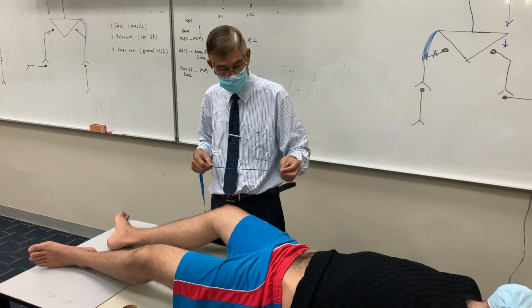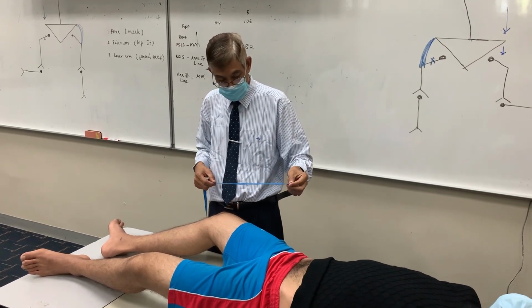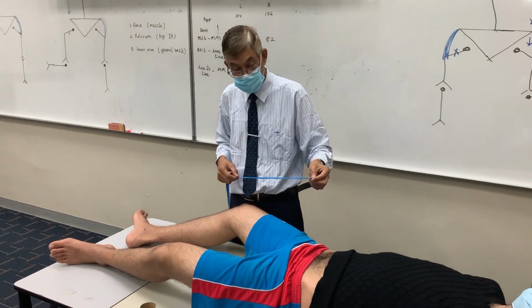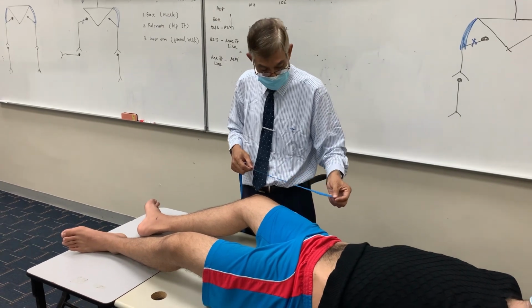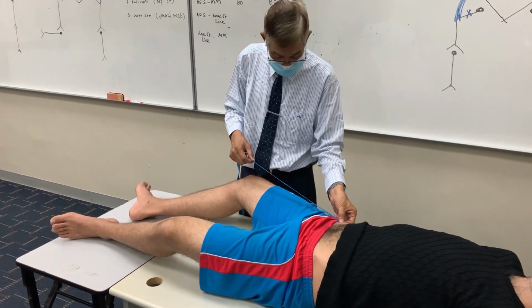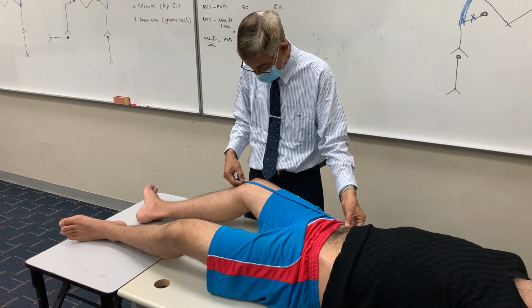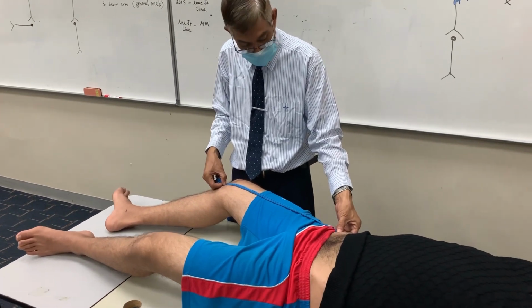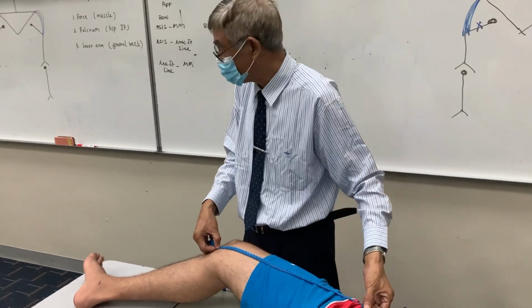After that, you have to measure part by part. For example, from the anterior spine to the knee joint line, now there is 52.